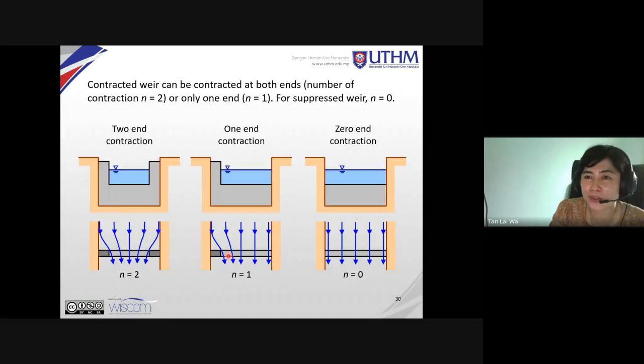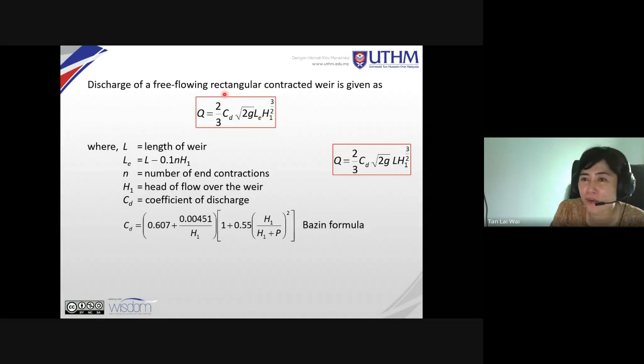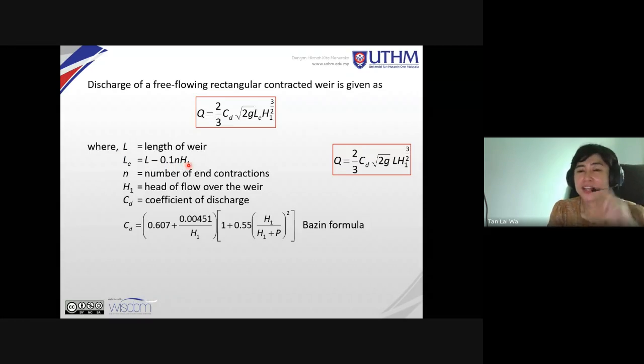Now, how are we going to use this? It's actually the same formula, except I've introduced subscript E here. Now, what is LE? LE is L minus 0.1 n times HE. If n equals 0, what does it mean?